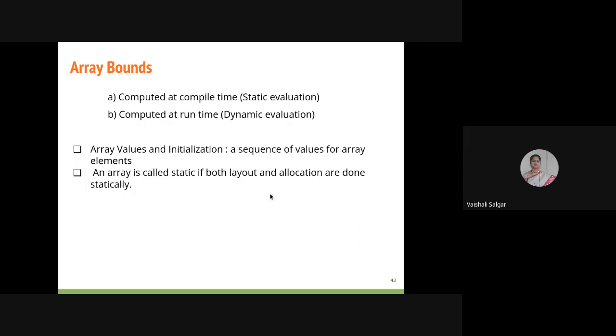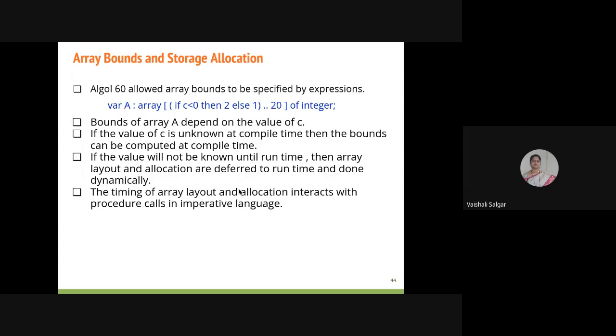But whereas in the second statement, an array is called static if both layout and allocation, that is the memory and the values, are allocated at the same time, if we have declared that array as static only. So an array is called static if both layout and allocation are done statically.